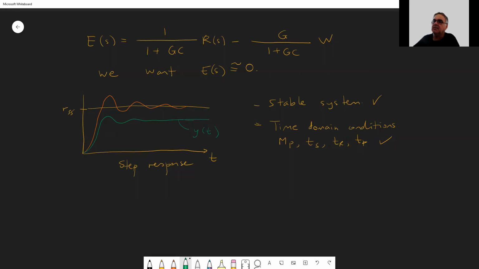This is a good y of t, but this is another possible y of t, the red one. But the green one has something missing here. What is missing is when the system reaches a steady state. This is the steady state error.